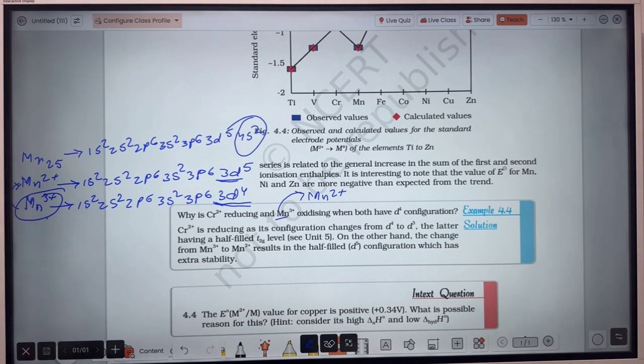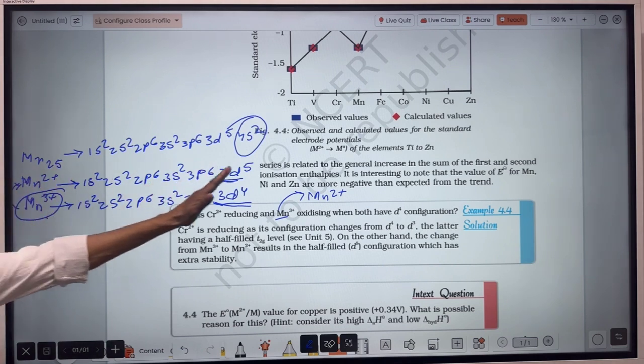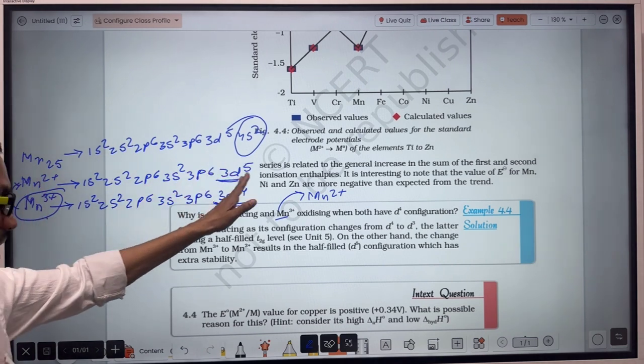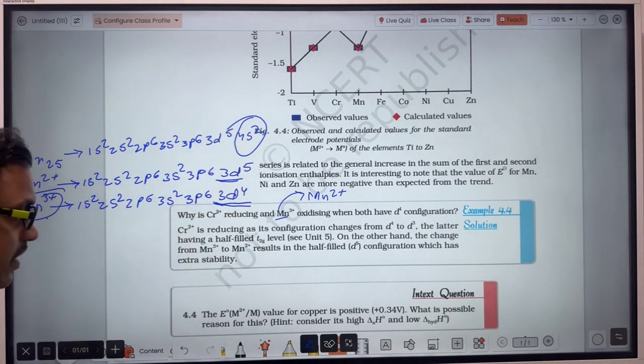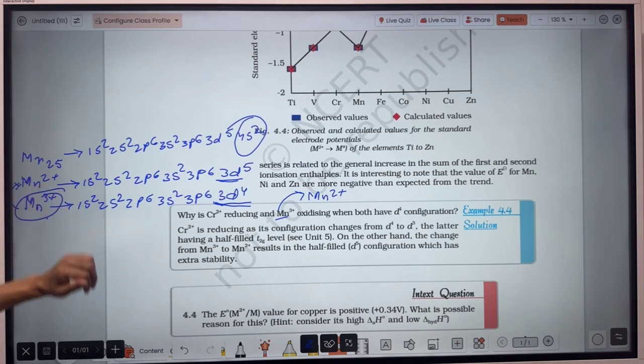Mn3+ will have a greater tendency to go to the +2 oxidation state, because in the +2 oxidation state manganese contains a half-filled d orbital. Therefore Mn3+ will have the tendency to get reduced.